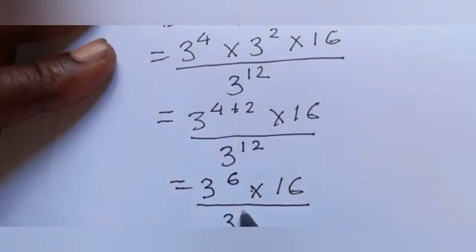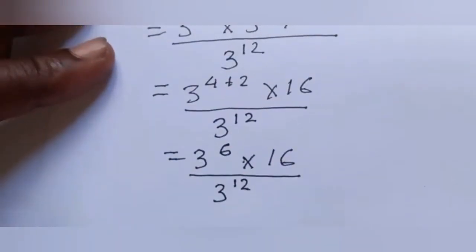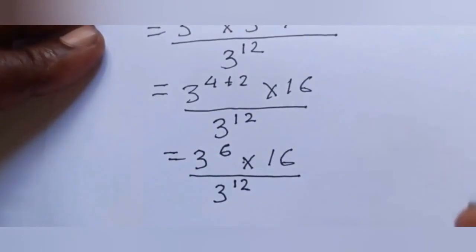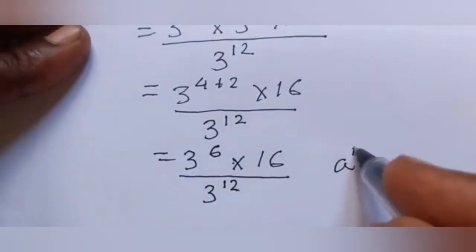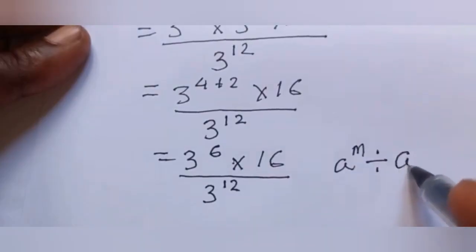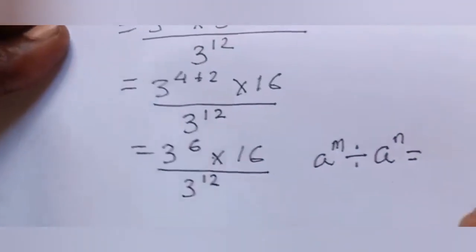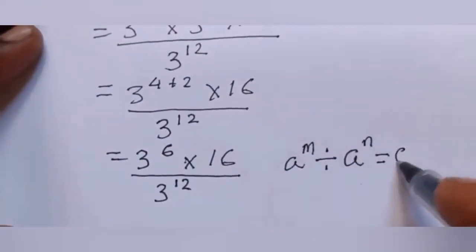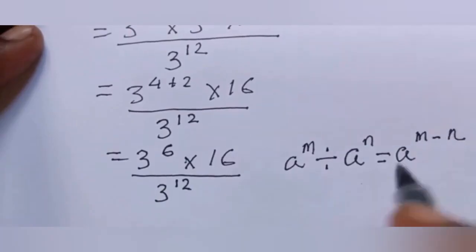3 raised to 12. Again here, we can use the quotient rule of exponent, which is a raised to power m divided by a raised to power n equals a raised to power m minus n.